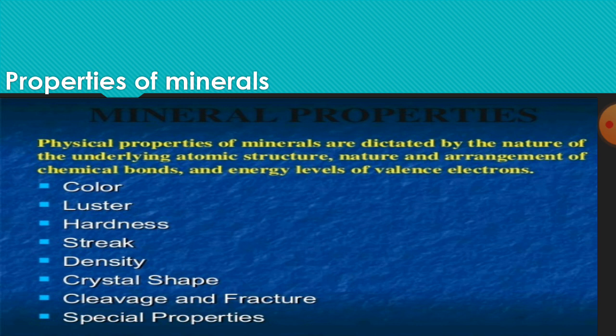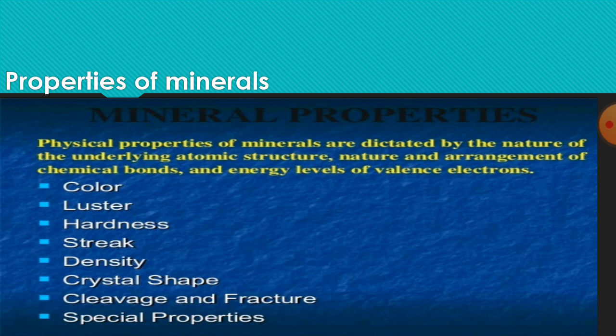Number 1, color. Most minerals are of a single color, while some minerals have many colors. Second, the luster. Minerals can also be identified by their appearance. It is the quality and intensity of the mineral to reflect light. It can be expressed as dull, pearly, silky, glassy, vitreous, non-vitreous, etc. Hardness.